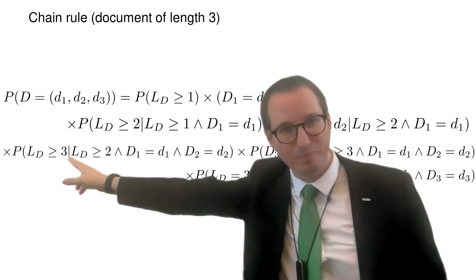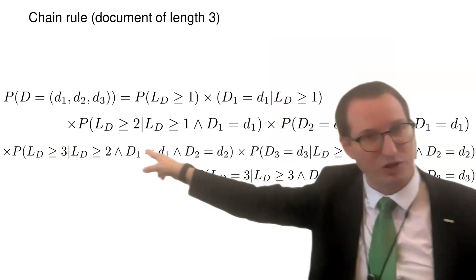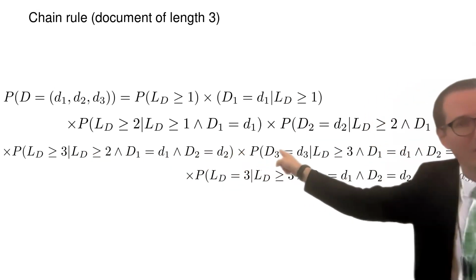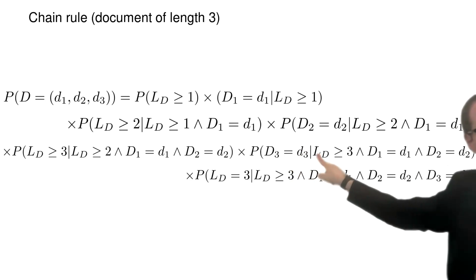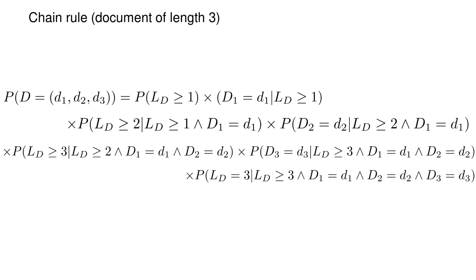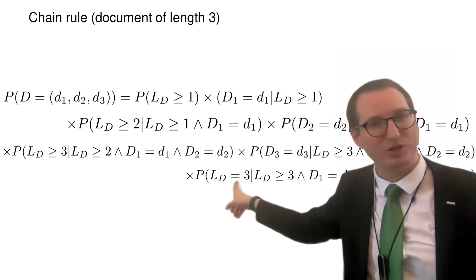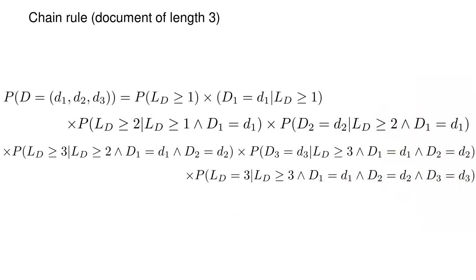And then I continue. The next thing that must happen is that the length is at least 3, conditioned on everything that came before. Then, knowing it's at least 3, the third word must be D3, conditioned on all of that. And it must stop. Now, my stopping condition is that the length is equal to 3, conditioned on the previous, because of the chain rule. Who gets that formula? Right?